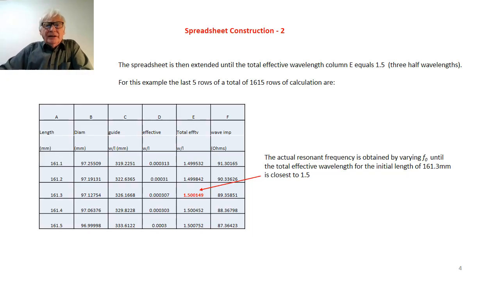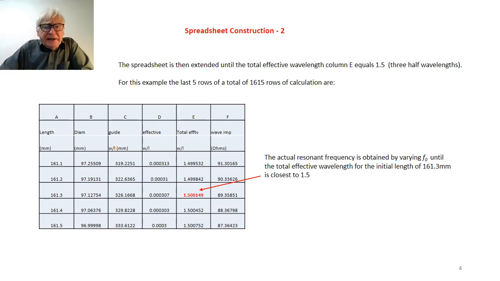We now extend the spreadsheet for a total of 1,615 rows of calculation. And what I've shown here is the last 5 rows of that particular extension. What we're doing here is extending the axial length of the cavity until the diameter shown in column B starts to approach cutoff diameter.